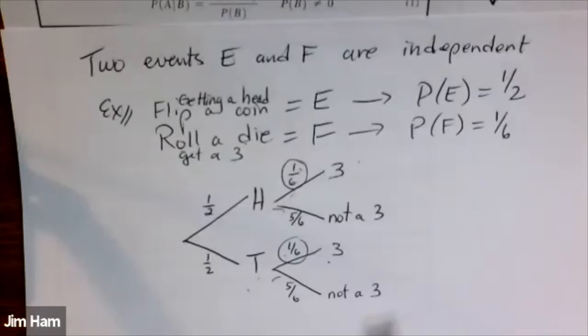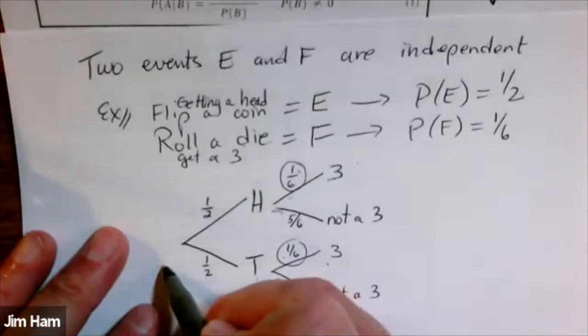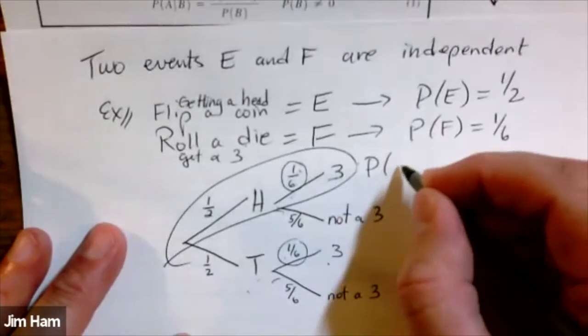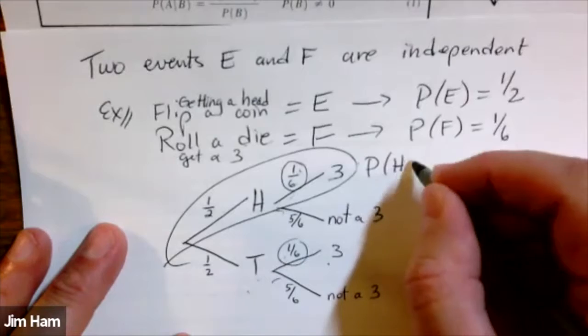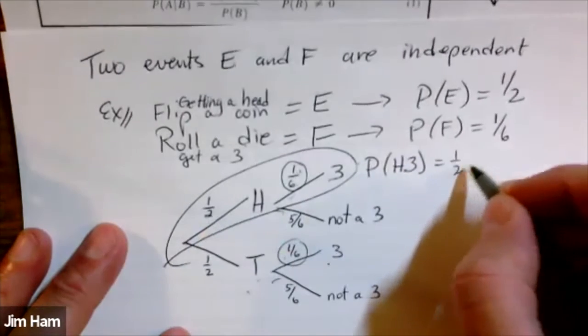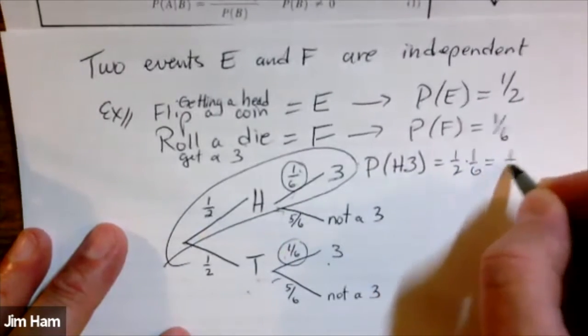Now, here's how you calculate probabilities in a tree diagram. You multiply along the paths, and then you say the probability of getting a head first and then a 3 second would be you multiply 1/2 times 1/6 to get 1/12.